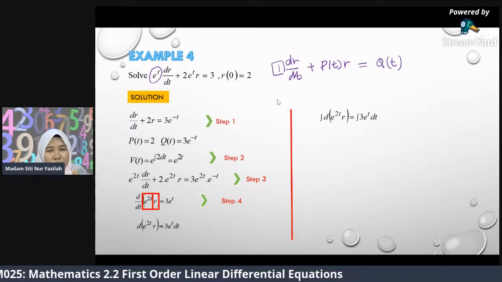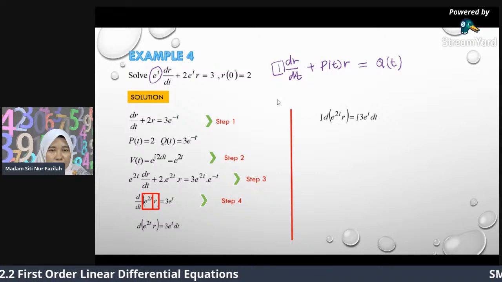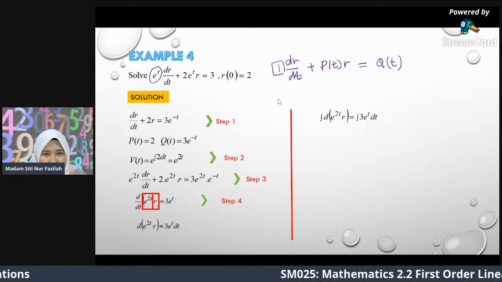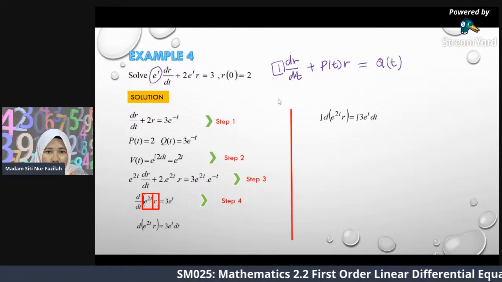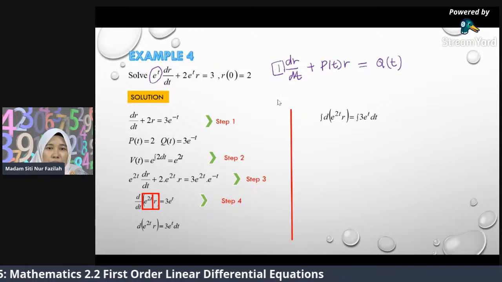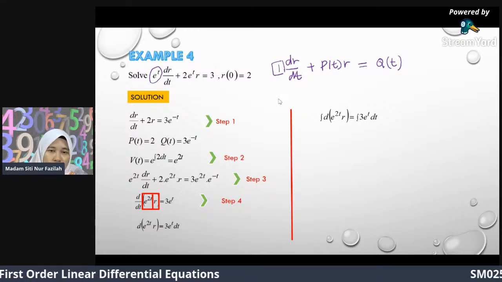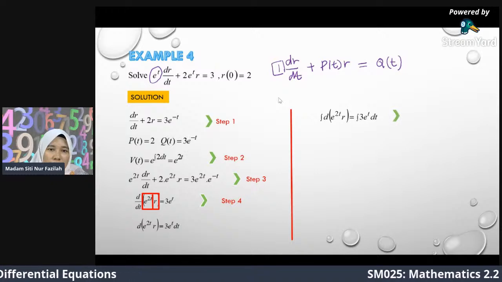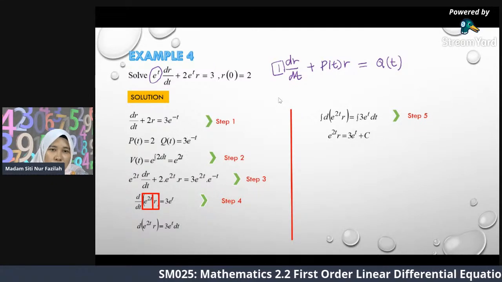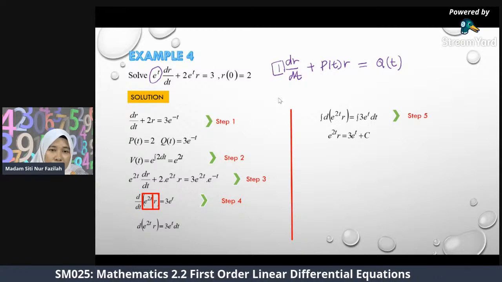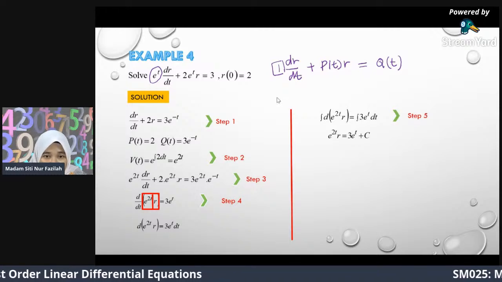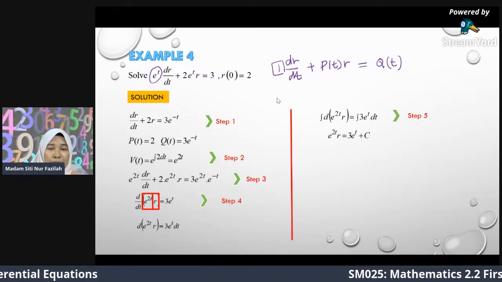Then we integrate both sides. For the left-hand side, we get e^(2t) r. For the right-hand side, integrating 3e^t is basic: 3e^t + c.